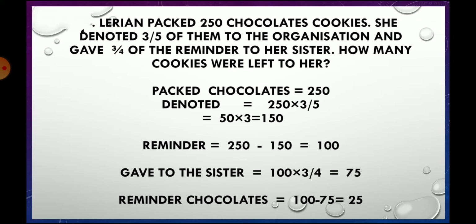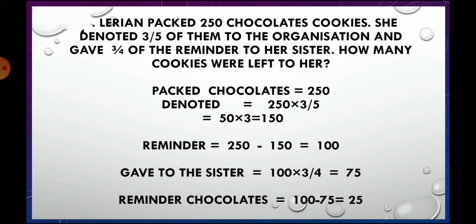Okay, so the packed chocolates are 250. After that, how much amount of chocolates did she donate to the organization? Yes, 3 by 5. So 3 by 5 of 250.